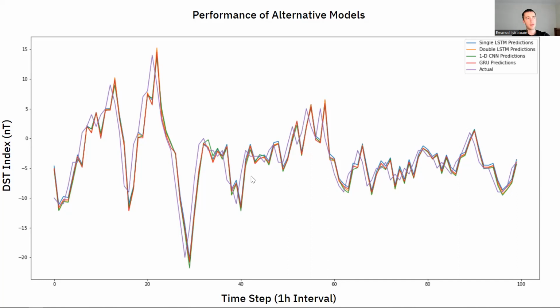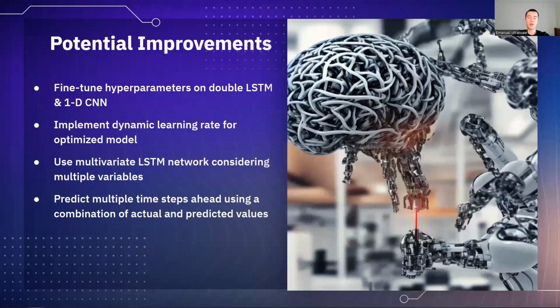The predicted values are also very close to the actual values, signifying a high accuracy. By all accounts, it can be noted that the single LSTM model demonstrated the ability to generate reasonably accurate predictions.